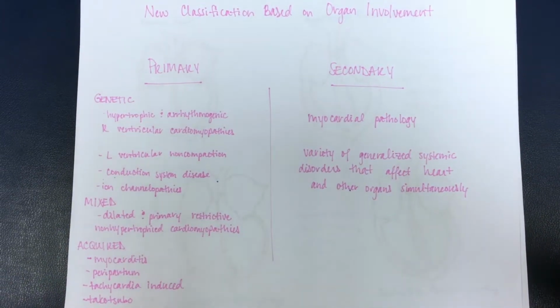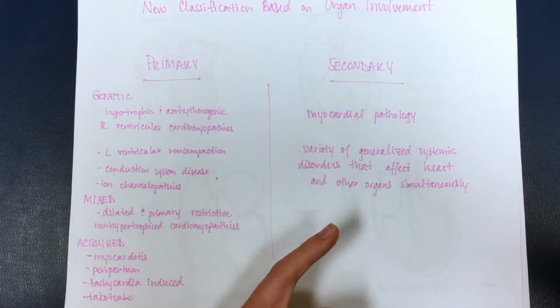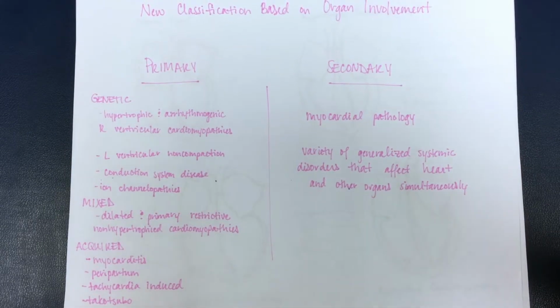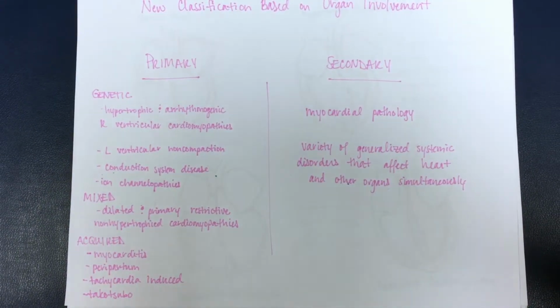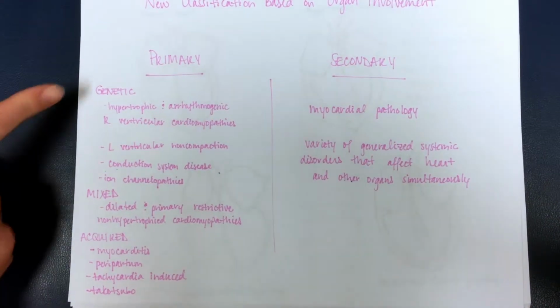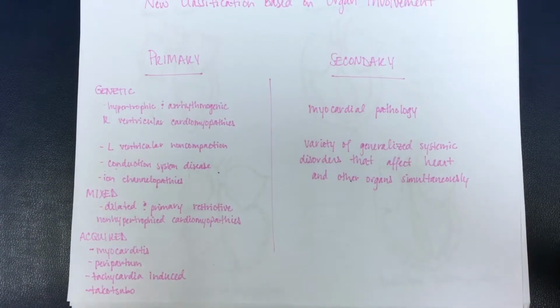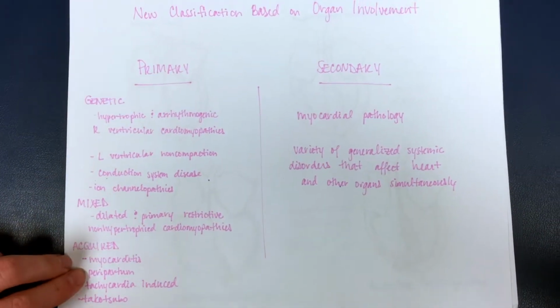It's nothing due to secondary causes, which are like the myocardial pathology and a variety of generalized systemic disorders that affect the heart and other organs simultaneously. So primary is going to be due to genetic, mixed, or acquired components, and secondary are going to be due to other causes.